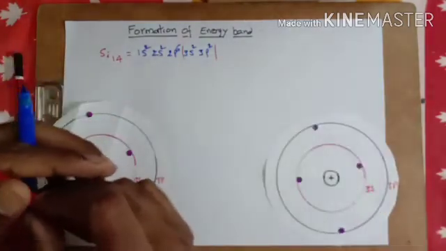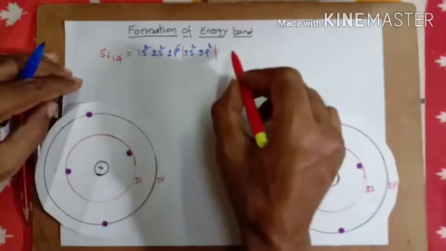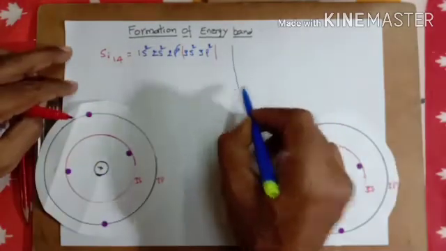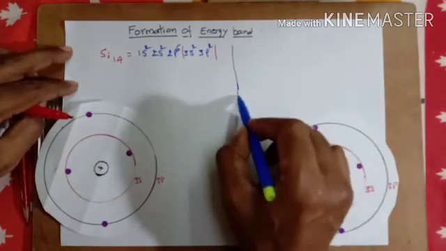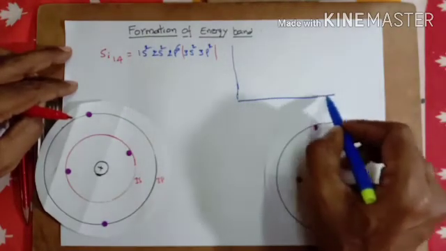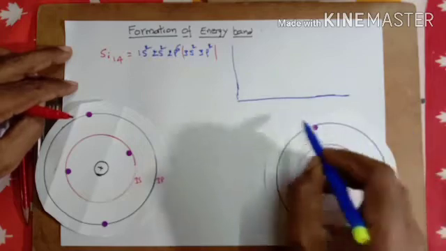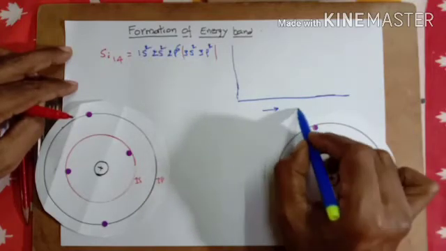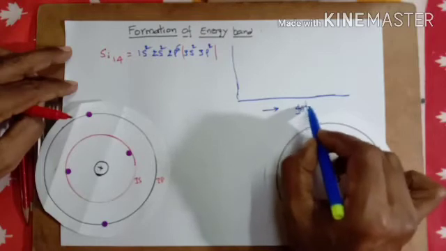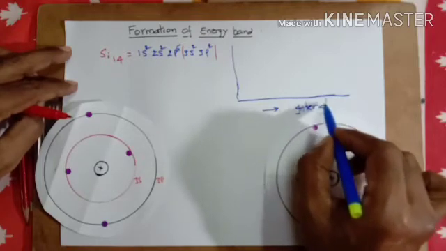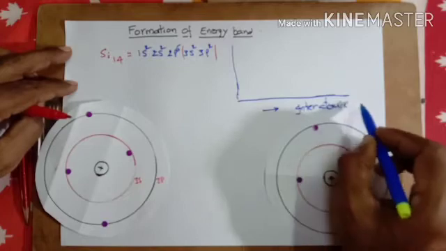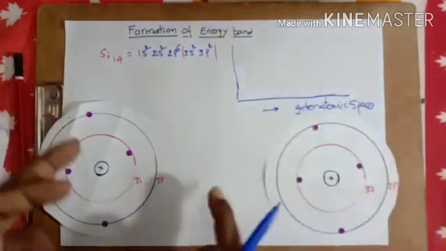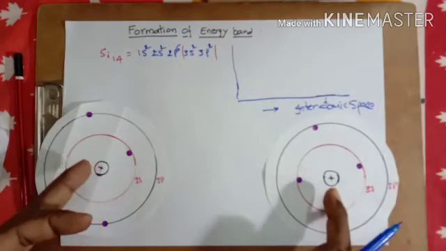In that case, it will be like this. So I'm just drawing a diagram here. In the x-axis, this is the interatomic spacing, that means the distance between the 2 nuclei of nearby atoms.